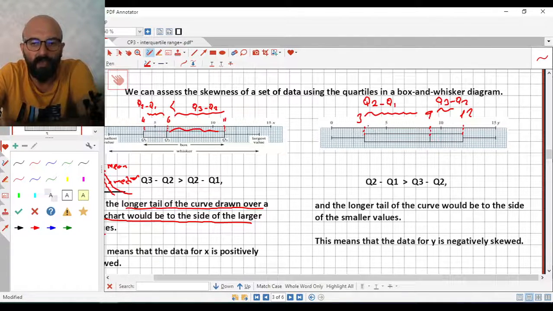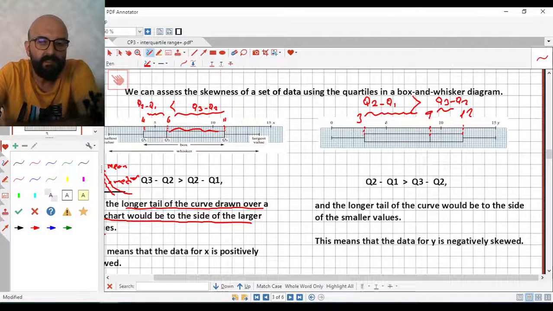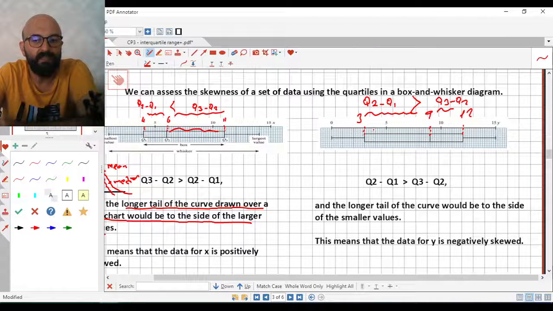The first range, Q2 minus Q1, is greater than Q3 minus Q2. So for the Y dataset, we can say the curve is negatively skewed.